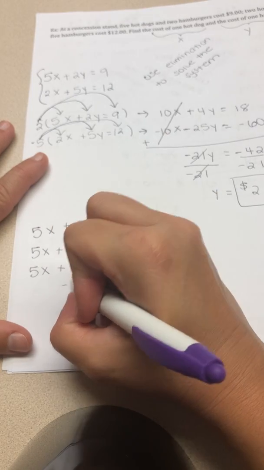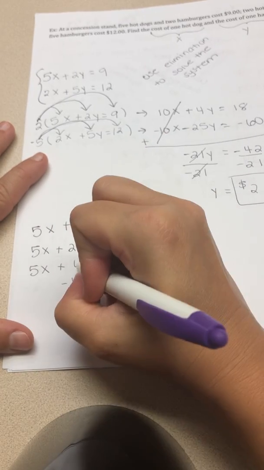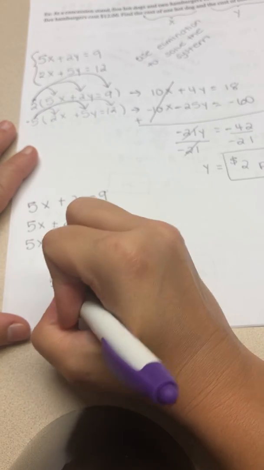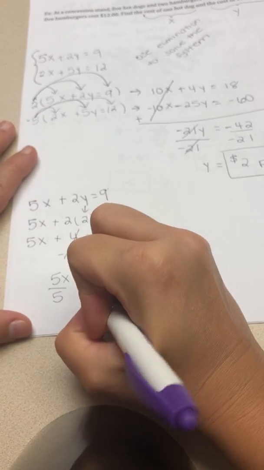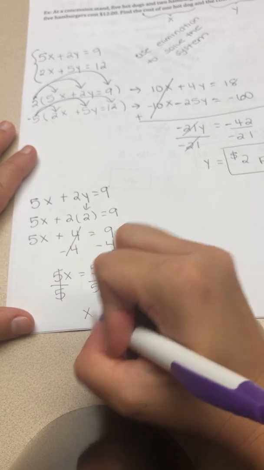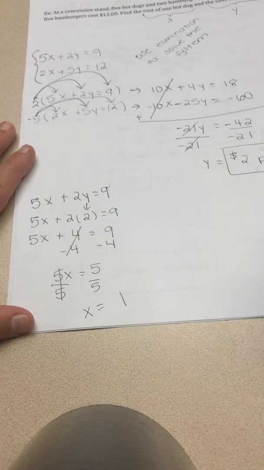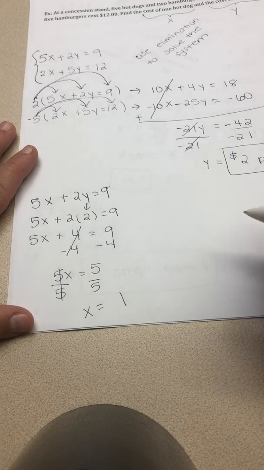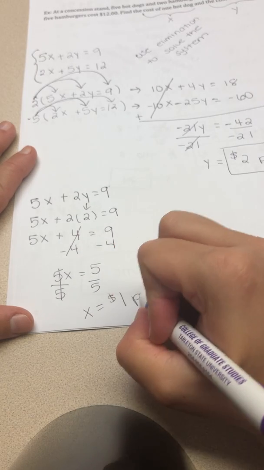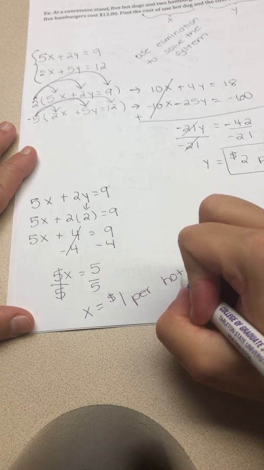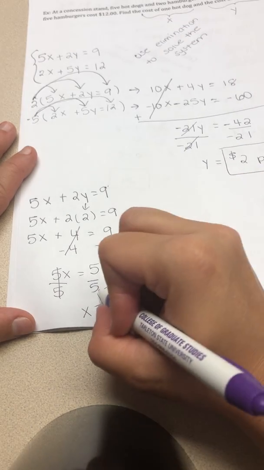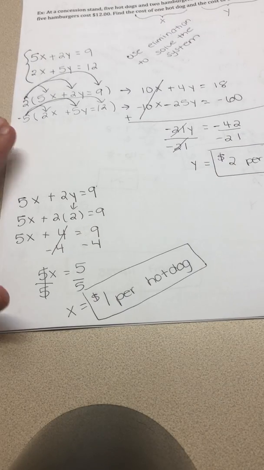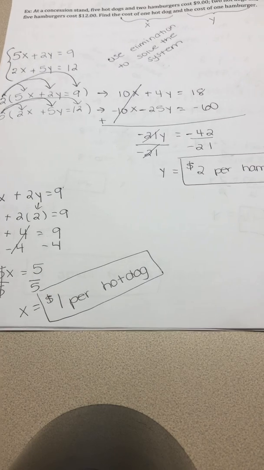Getting x by itself, we're going to subtract 4 from both sides. We're left with 5x equals 5. Dividing by 5, we are left with x equals 5 divided by 5, which is 1. Remember, the x was the cost of one hot dog, so it's $1 per hot dog. So $1 for a hot dog, $2 for a hamburger. We solved another problem.